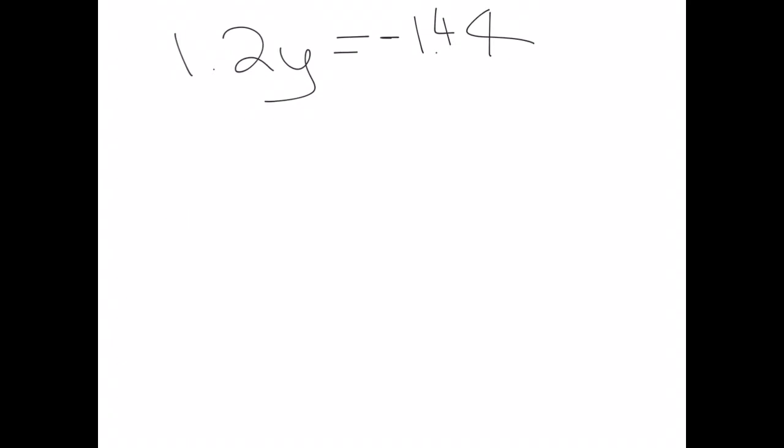This equation is multiplication. To undo multiplication, we have to divide. So we divide on both sides 1.2, and now we have to find the answer.